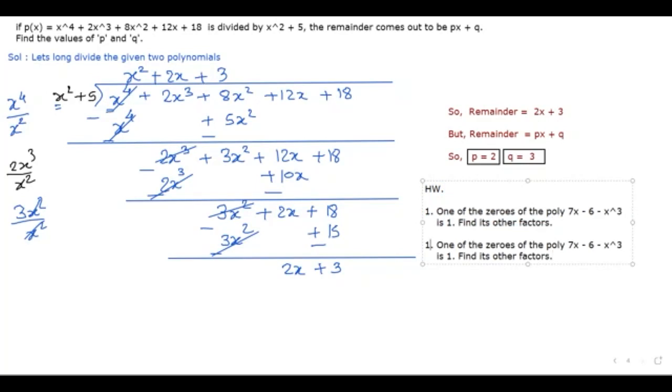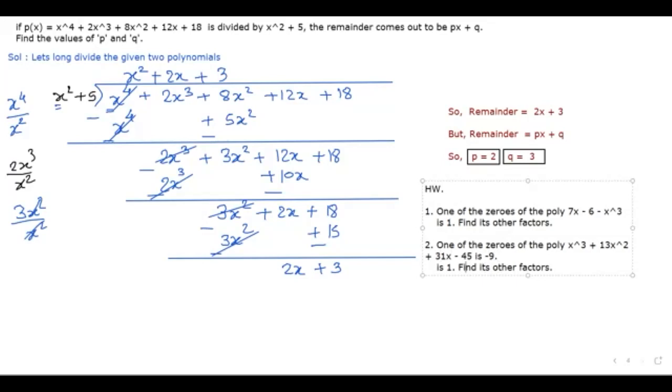Number 2. One of the zeros of the polynomial x cube plus 13x square plus 31x minus 45 is minus 9.